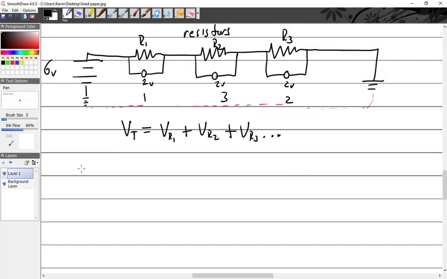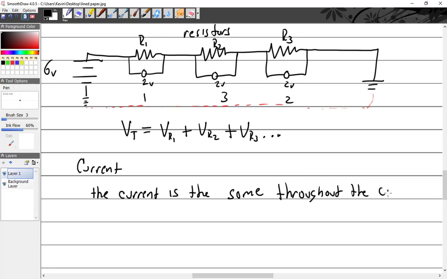All right. Then if we talk about current in a series circuit, because when we're talking about series, the current is the same throughout the circuit. So if we look back up at the circuit we just drew, we can look at voltage as pressure.